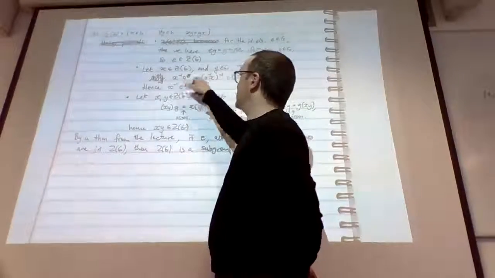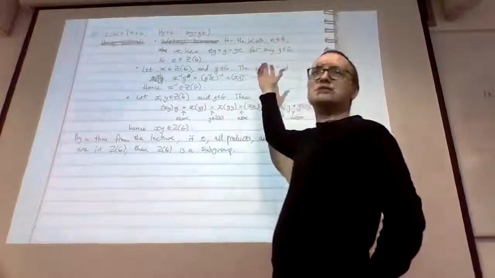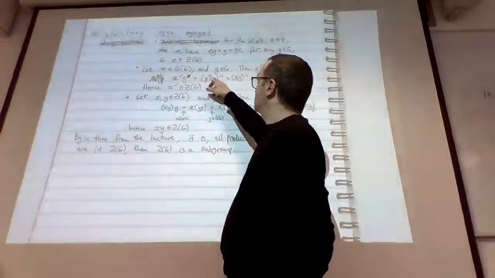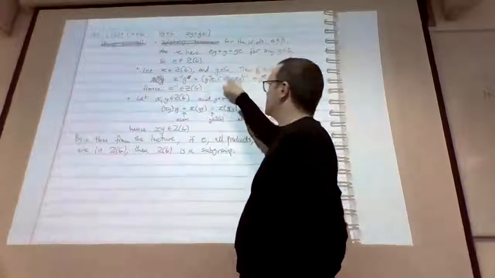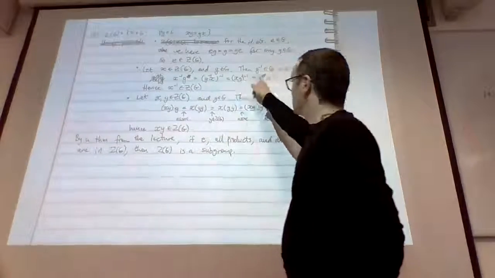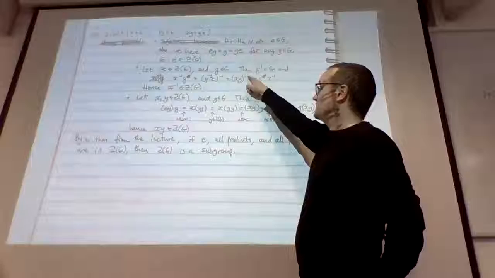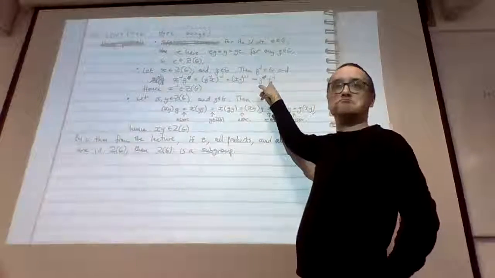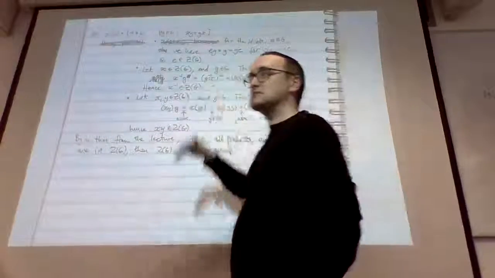The justification for this is the inverse of a product rule. The justification for this is because X is in the center. And the justification for this is again the inverse of a product rule. That might be clearer.